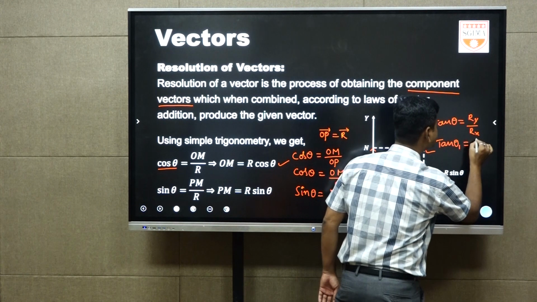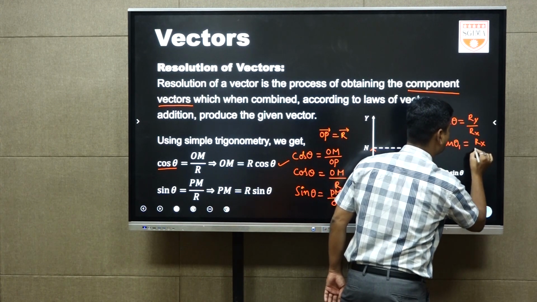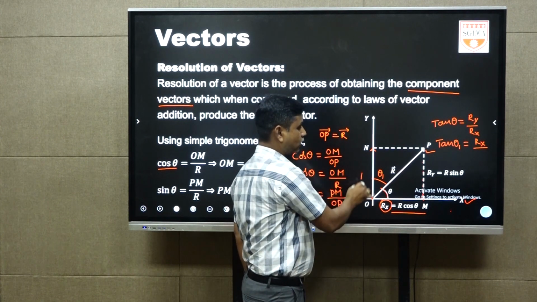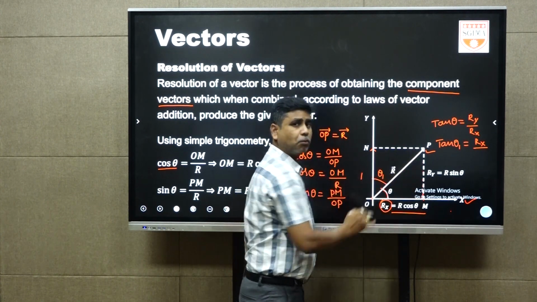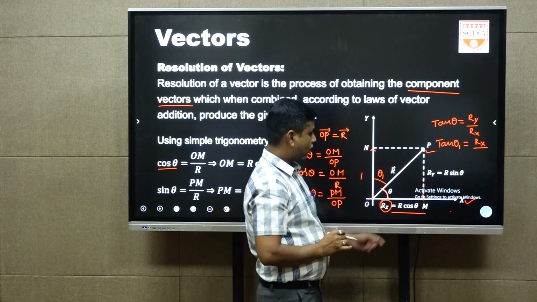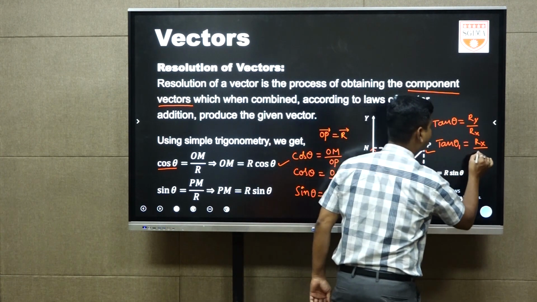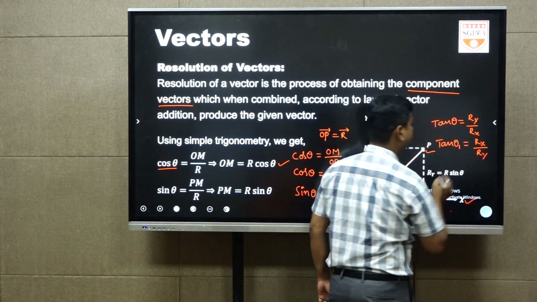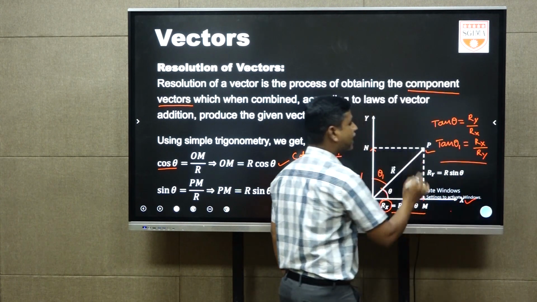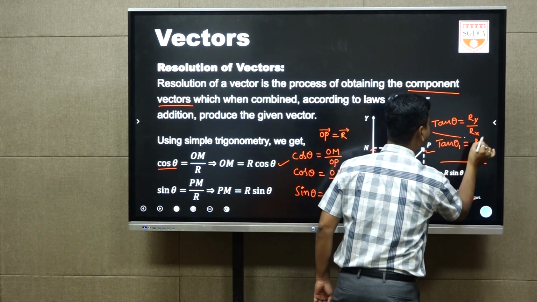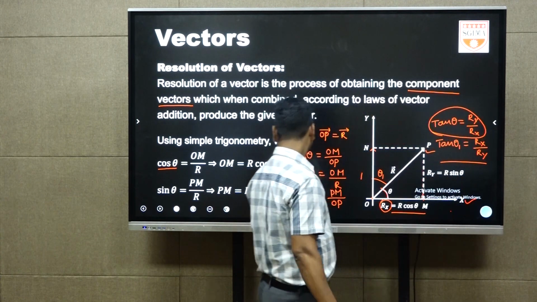So NP is Rx upon the adjacent value ON. ON and MP are both equal, and the value of MP equal to Ry. That is, tan theta 1 is the angle with the y-axis, and tan theta is the angle with the x-axis.